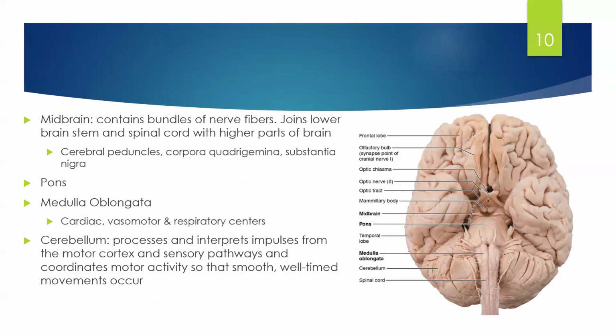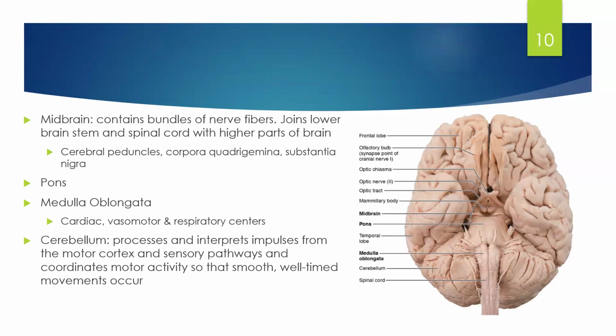Okay, getting into some more structures. Here we have our brain. This should be, if it were upside down, so inferior view. Spinal cord. Right now we're going to look at the midbrain. So that is here.